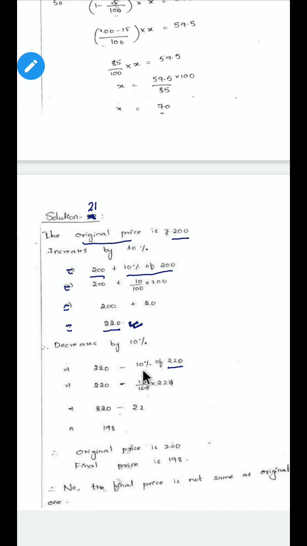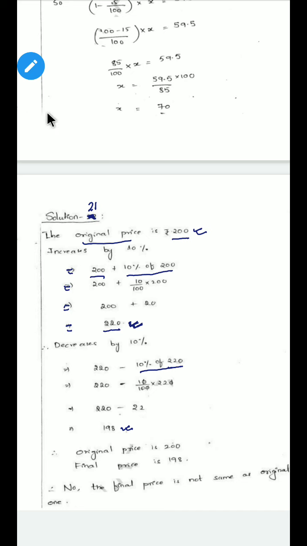This reduced amount you have to subtract from 220, and you will get the new price, that is 198. Our original price was 200 and our new price is 198, so both prices are not equal. So you have to write here: no, the final price is not the same as the original one.